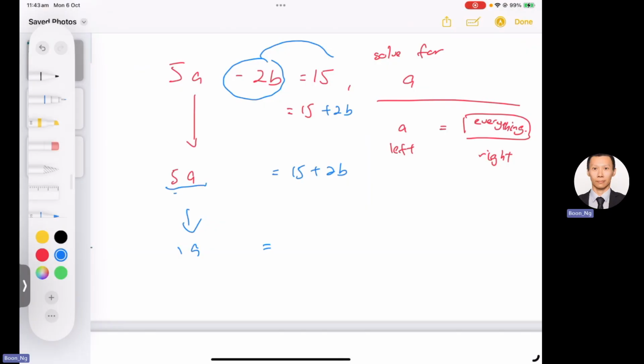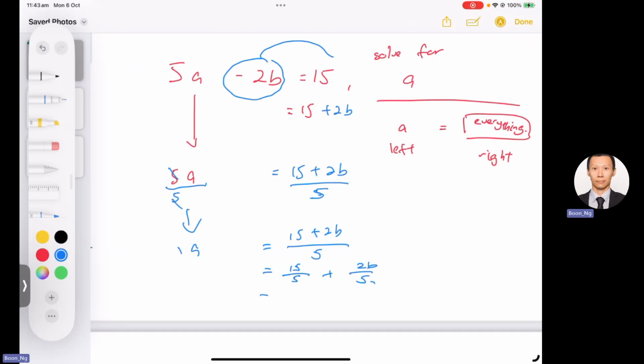So we divide by a factor of 5 on both sides. These two cancel out, we get 1a, and then we copy this. We can further simplify by breaking into two components.